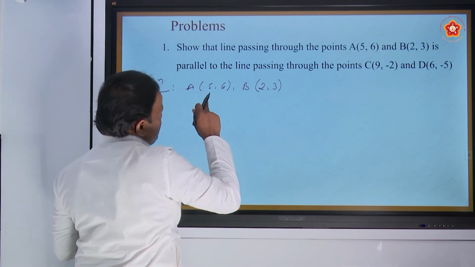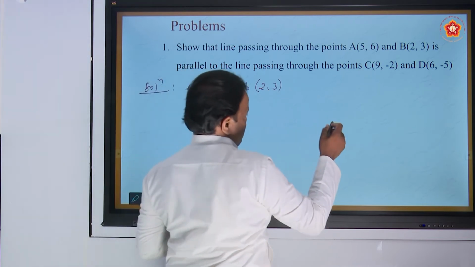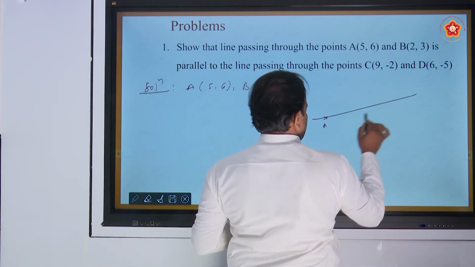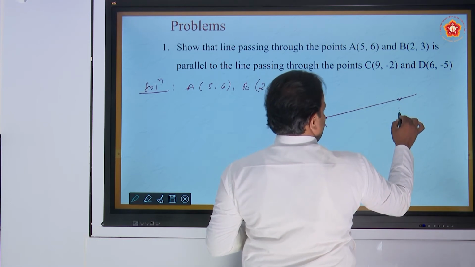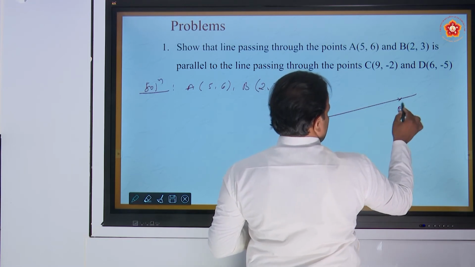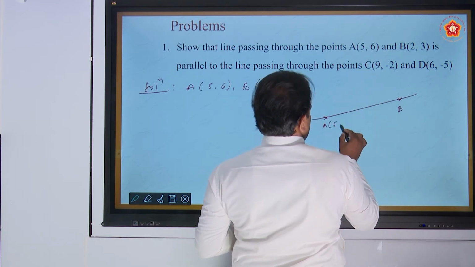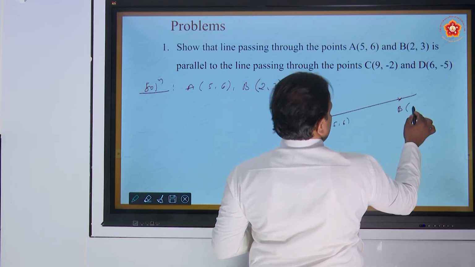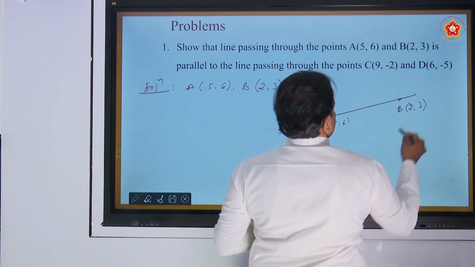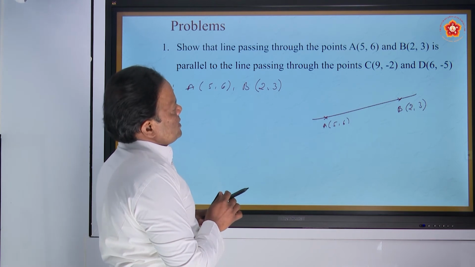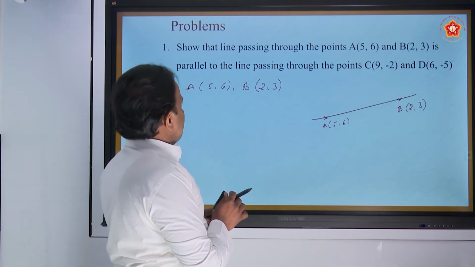Show that the line passing through the points A and B is parallel to the line. This line is A, this line is B, this is the AB line. A is (5, 6). What is B? (2, 3).